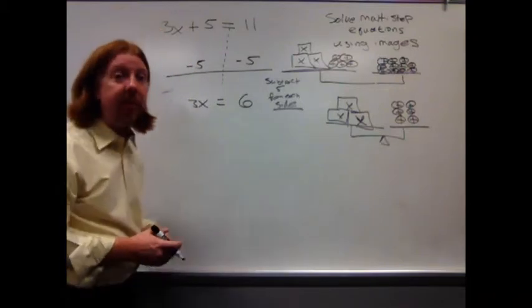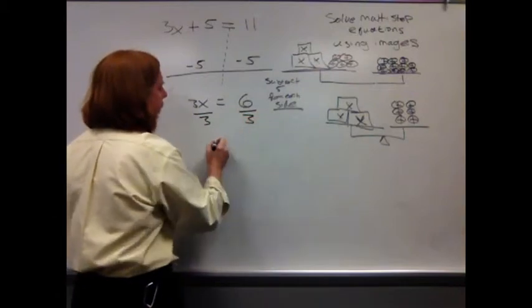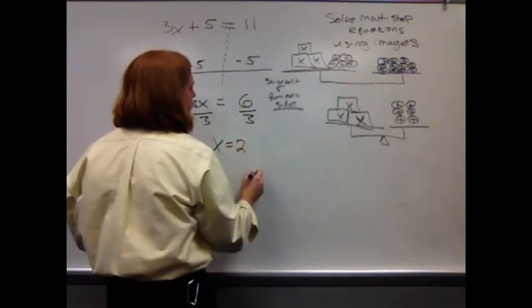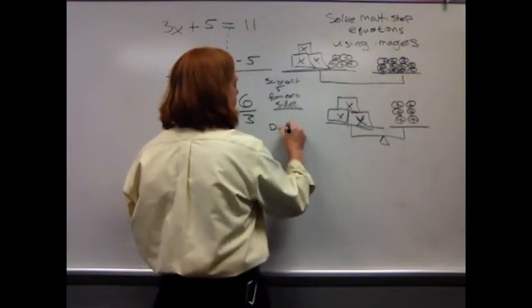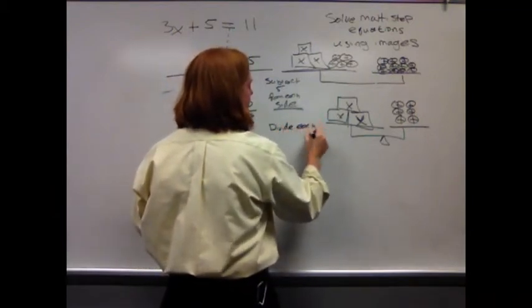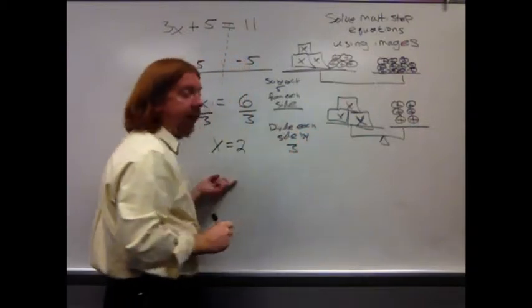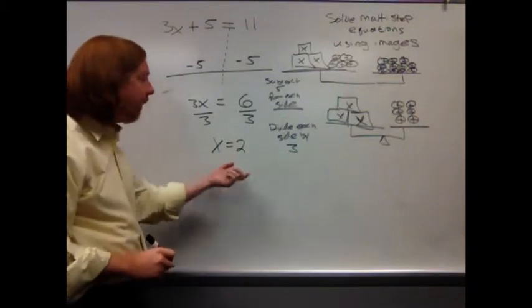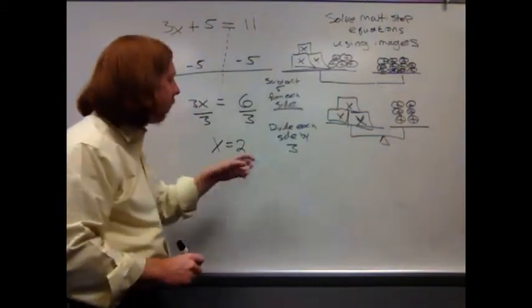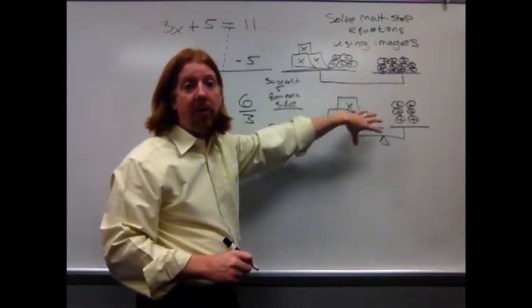My next step is going to be to divide both sides by 3. So if I write out what I've done, I have divided each side by 3. In English, that's what I would describe the step as. Now I can go ahead and draw my final answer, which is I cut the amount of stuff on this side in 1/3.